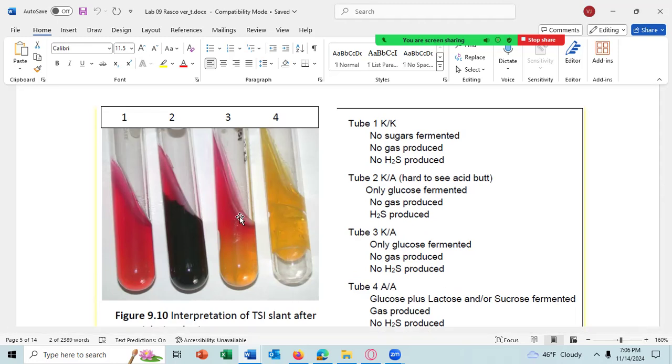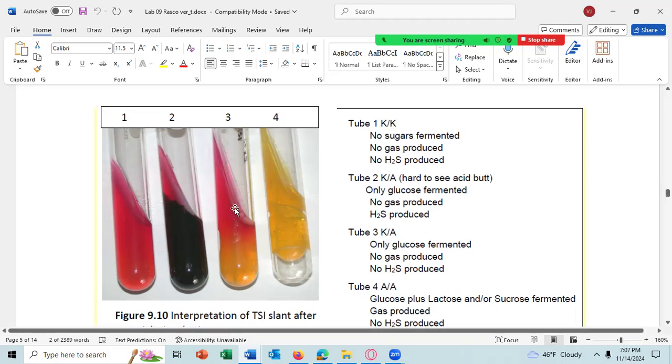And if sucrose or lactose were fermented, the slant would be yellow. Because the slant is red, all the glucose in the slant has been used up because the glucose is at low concentration.